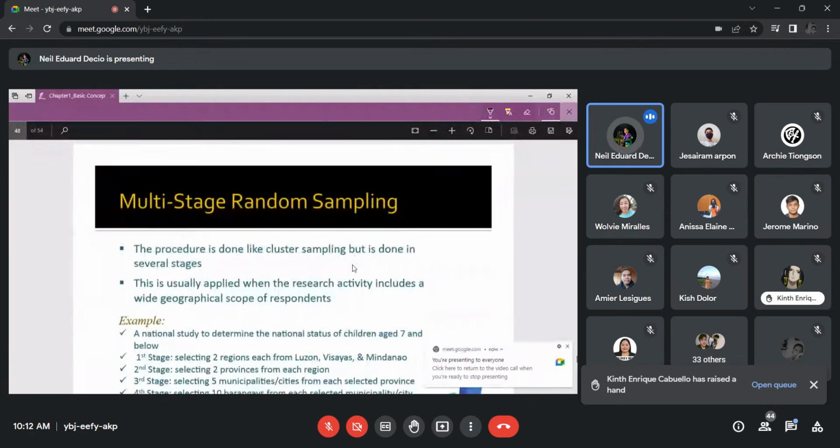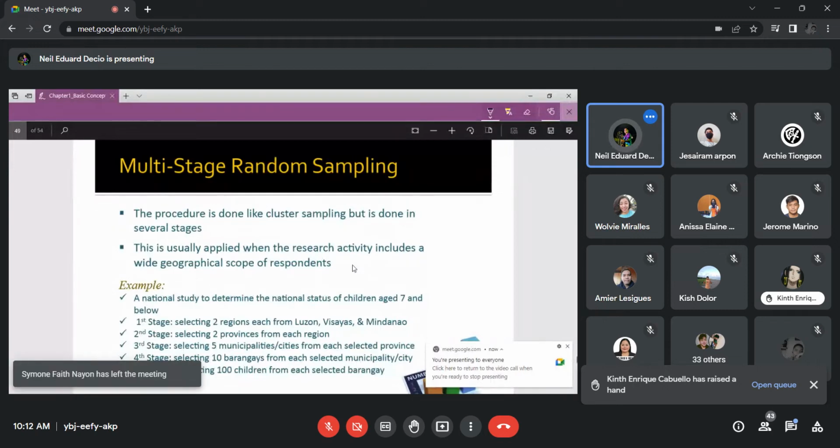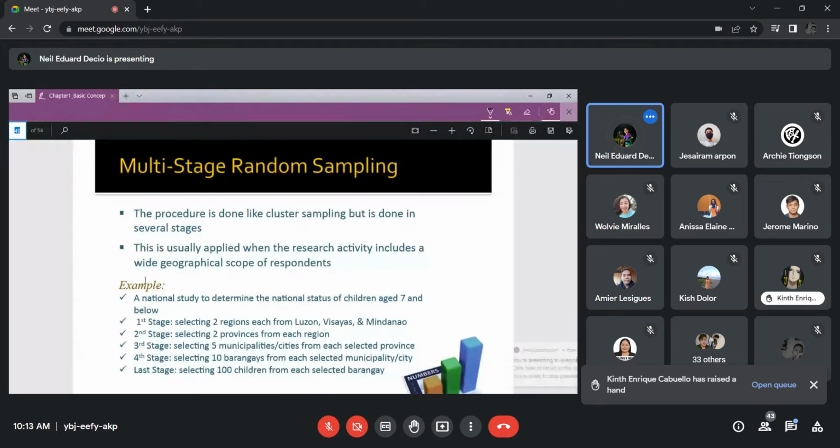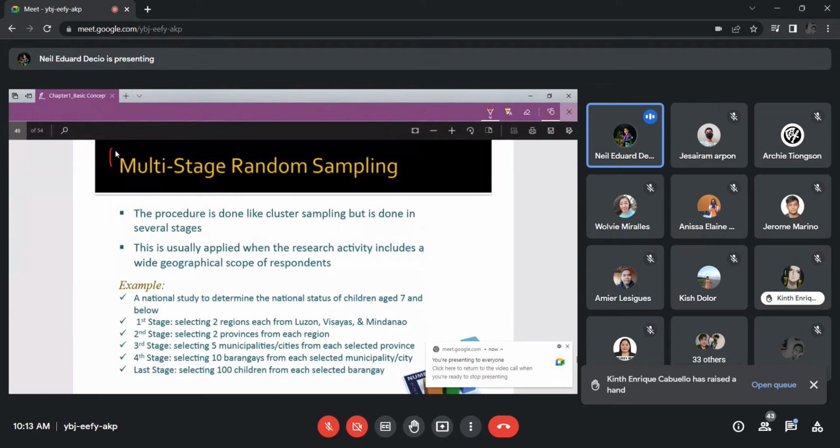So I think this is the last sampling technique, no? The multi-stage sampling technique, or multi-stage random sampling. So from the name itself, multi-stage. Okay.